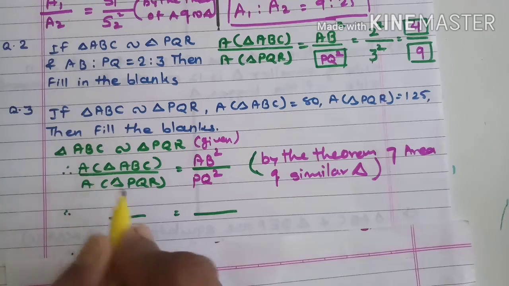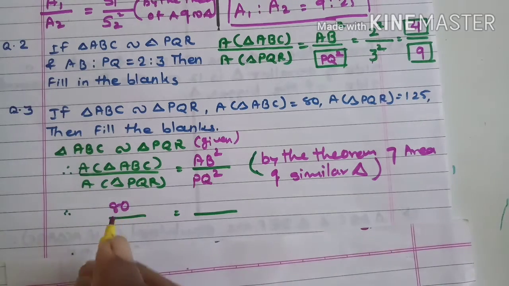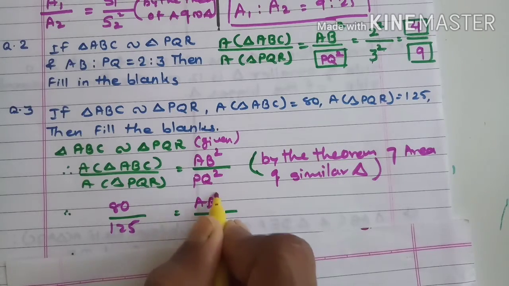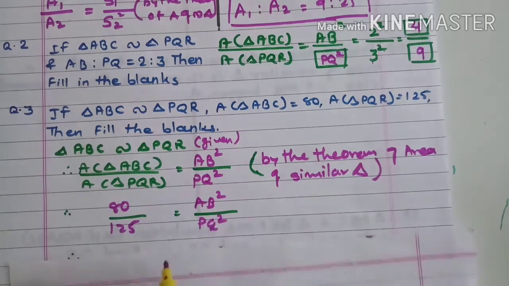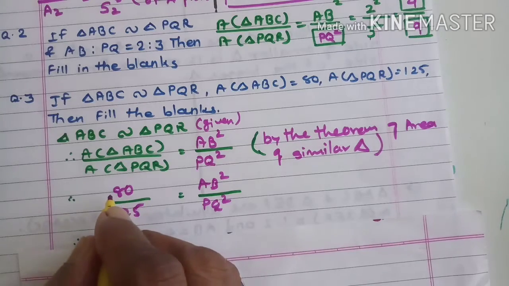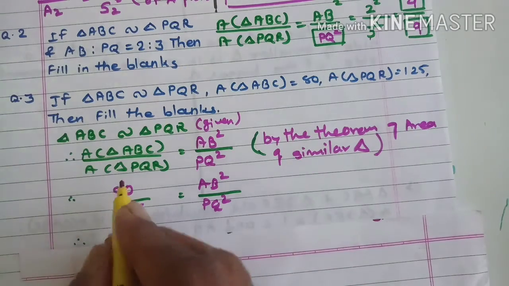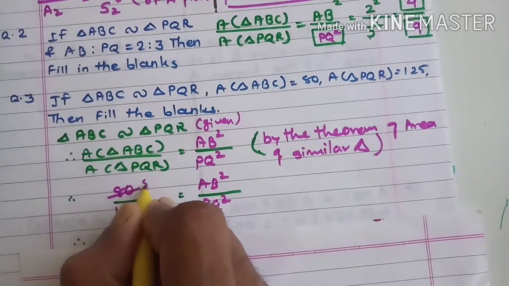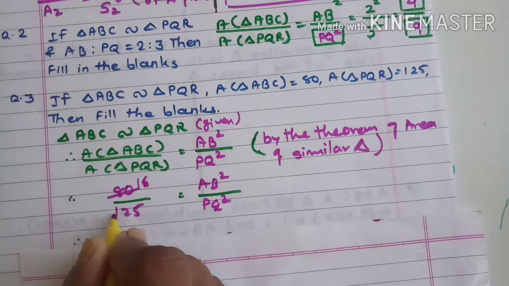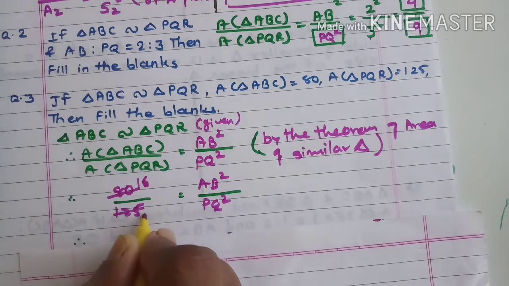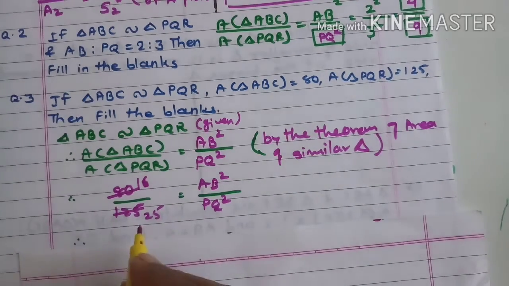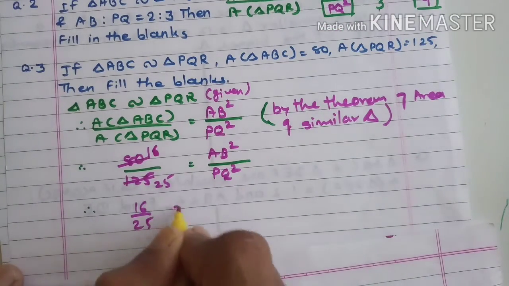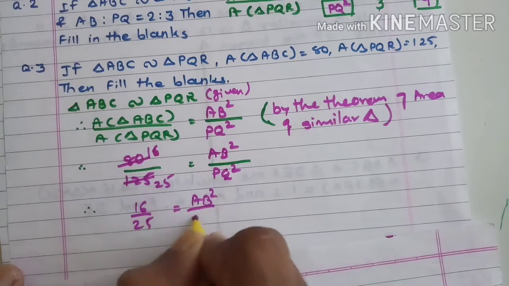So instead of the areas we can write 80 upon 125 equals AB square upon PQ square. So 16 fives are 80 and 25 fives are 125. So here 16 upon 25 is equal to AB square upon PQ square.